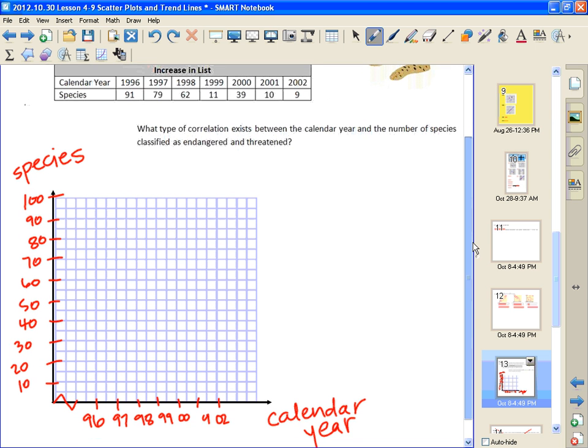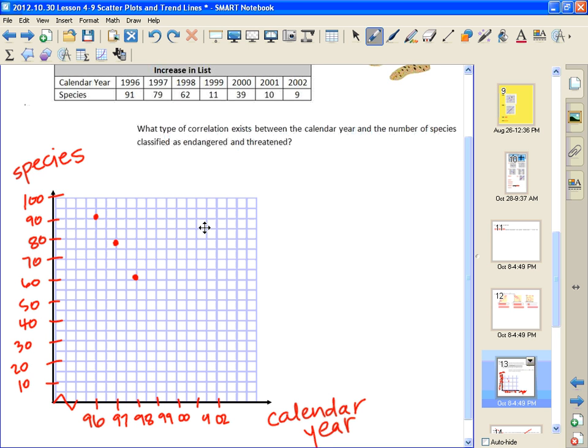Okay, so in 1996, there were 91 endangered species, so I'm going to put a dot right there. In 1997, there were 79 endangered species, so 97, 79 would be about right there. In 98, there were 62 endangered species, right there.